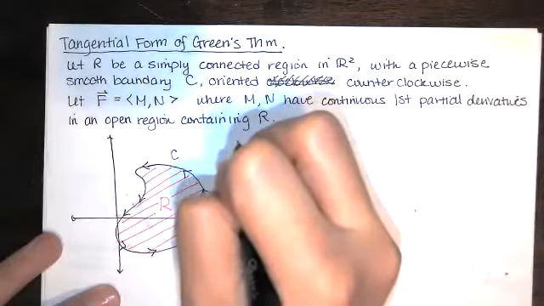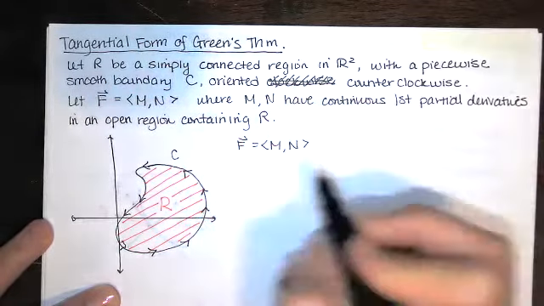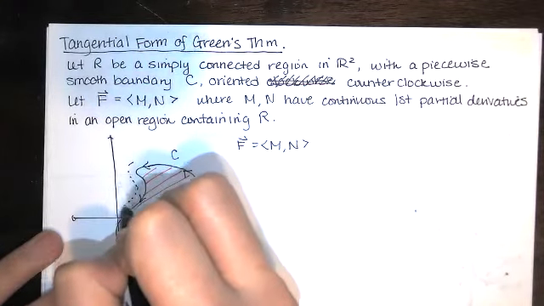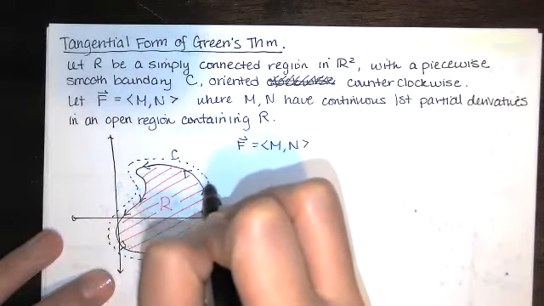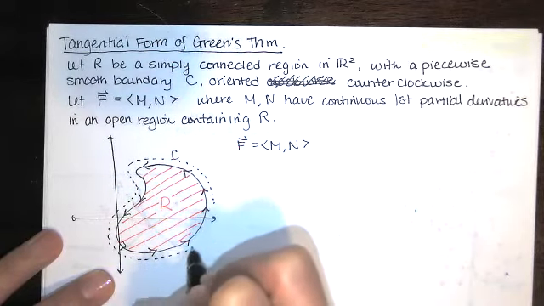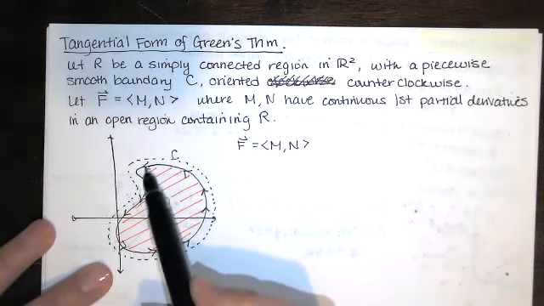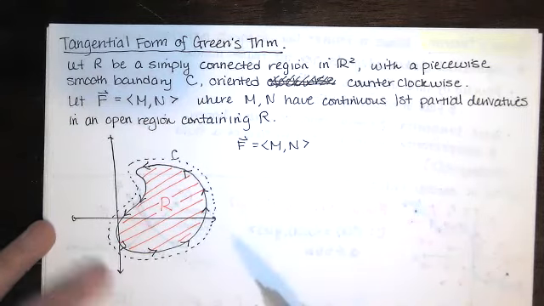And F is a field with components M and N. And M and N have continuous first partials on an open region containing R. So those first partial derivatives are well defined on that boundary and on the interior of R.